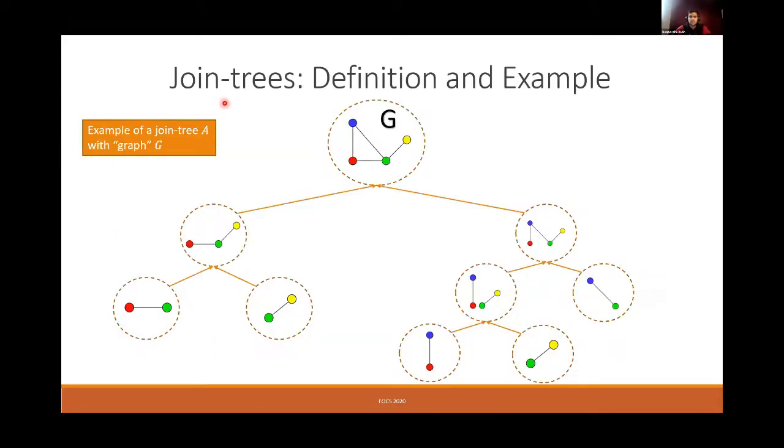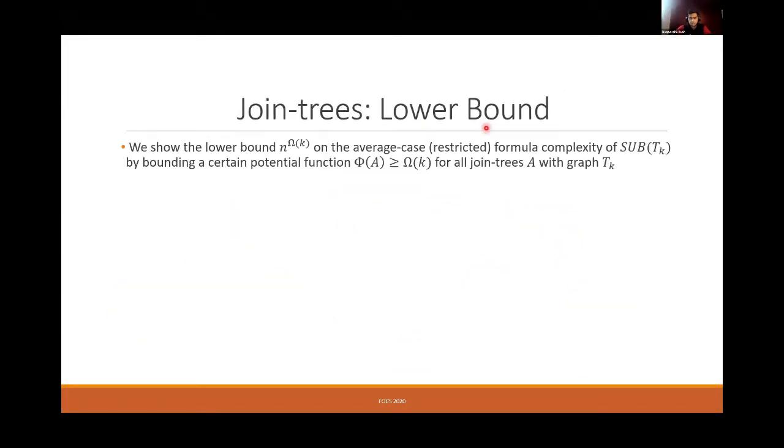So what are these objects, joint trees? They kind of look like this. These are simply binary trees whose leaves are labeled by edges of G, and they combine at the internal nodes to give rise to subgraphs of G. The way our lower bound really works is by proving a lower bound on a certain potential function, phi.